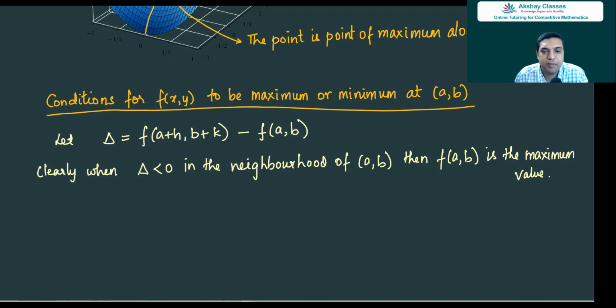So if delta is negative, f of a comma b is the maximum value.